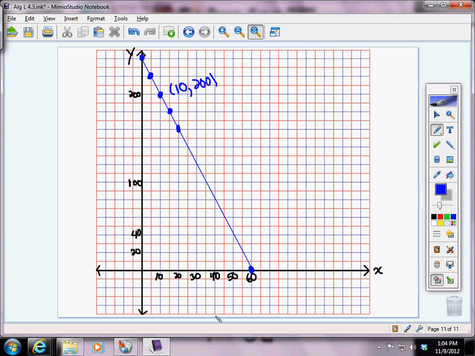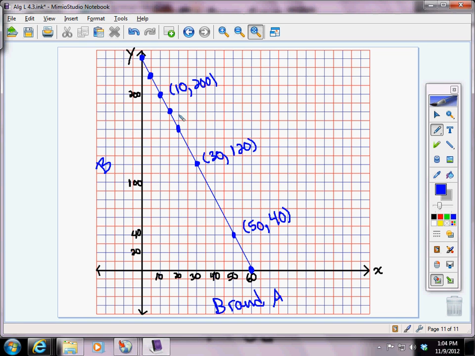Well, remember, our X values represent brand A, and our Y values represent brand B. So I could take 10 of brand A and 200 of brand B. I could come down here and I could take 50 of brand A and 40 of brand B. I could perhaps take 30 of brand A and 120 of brand B.